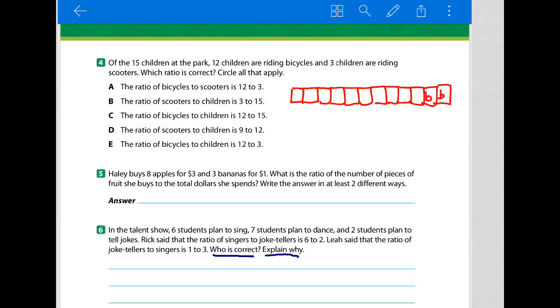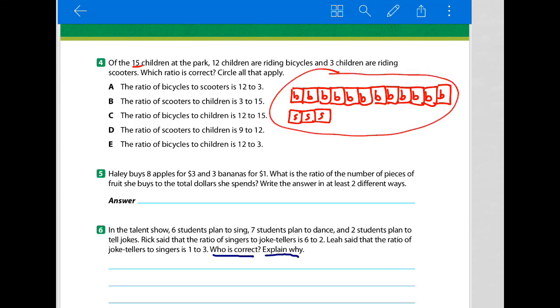And I'm going to put a B in each one for bicycles. All right, and 3 children are riding scooters. And notice it says of the 15 children, so that 15 children would be the total if you add up those children riding bicycles and scooters. So now I'm going to go through and circle each one that's true.